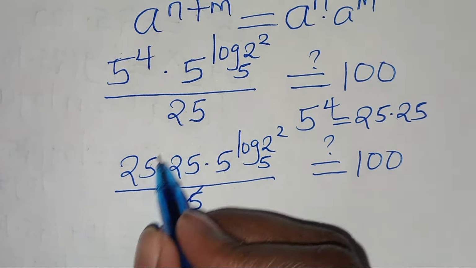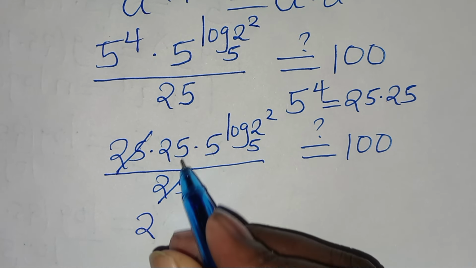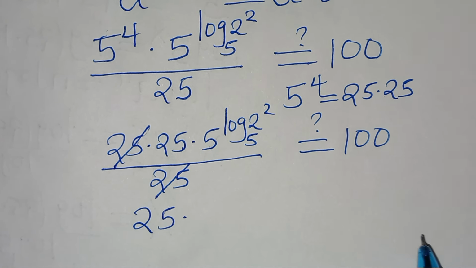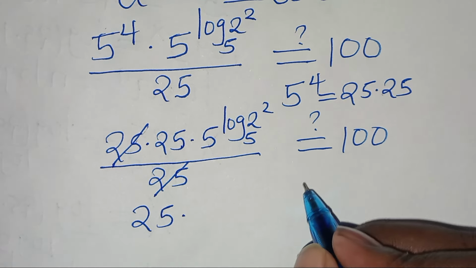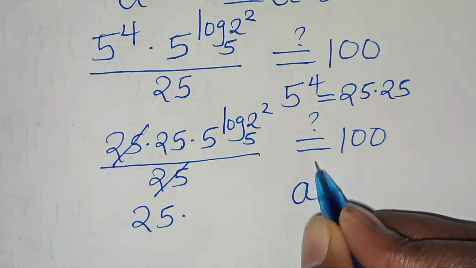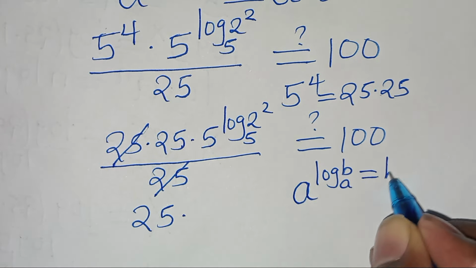25 and 25 here simplifies, so that now we have 25 times 5 to the power of log 2 to the power of 2 to base 5. This is in the form of a to the power of log b to base a. This should give us a value of b.